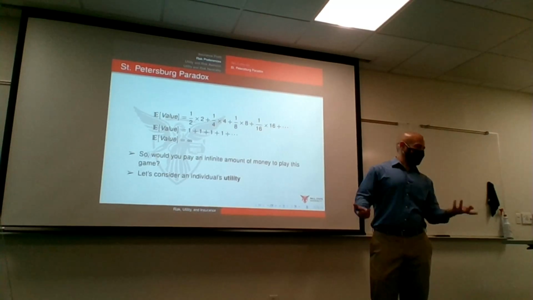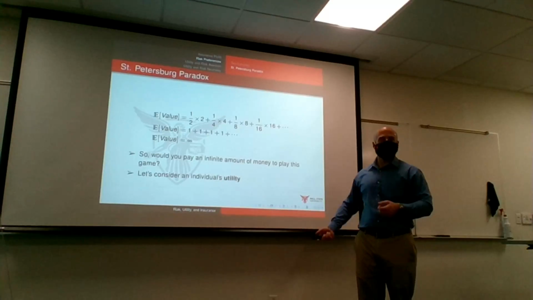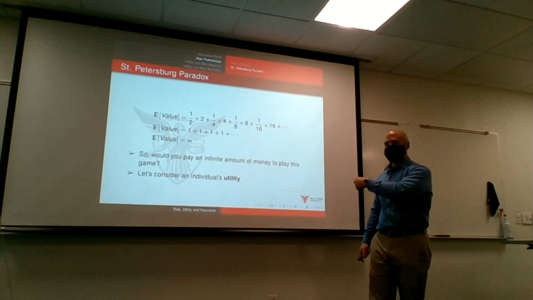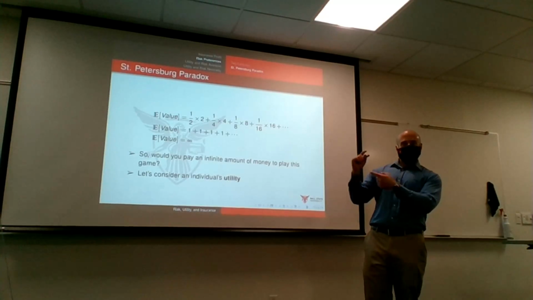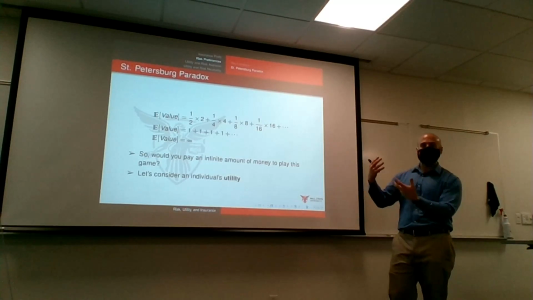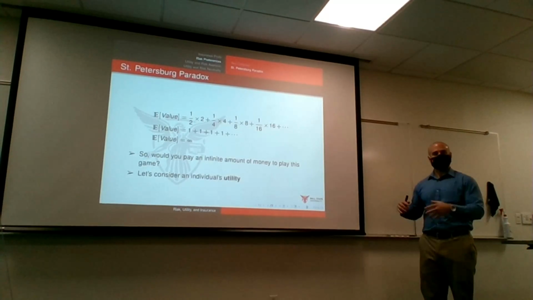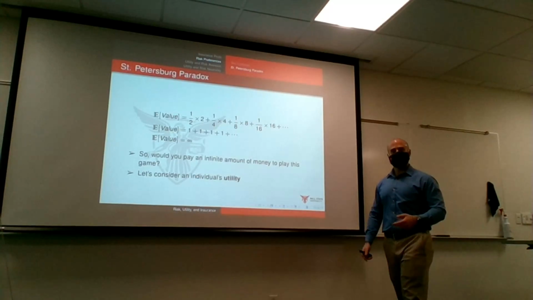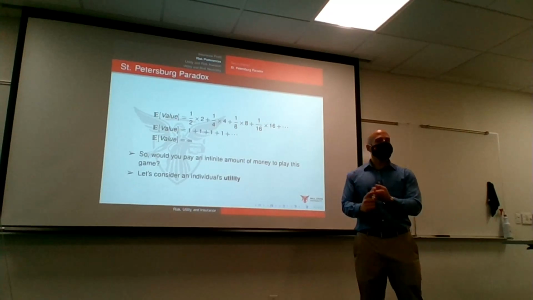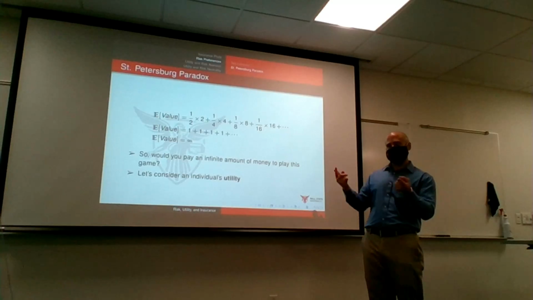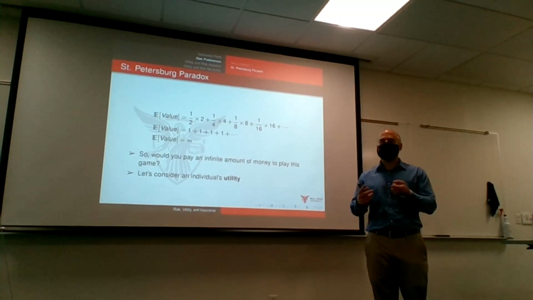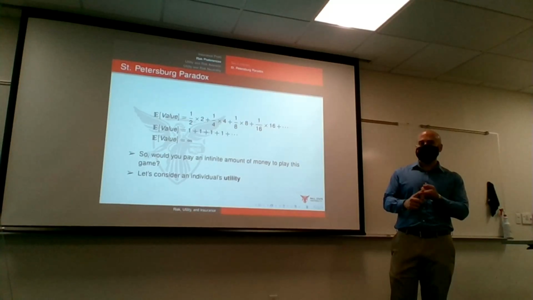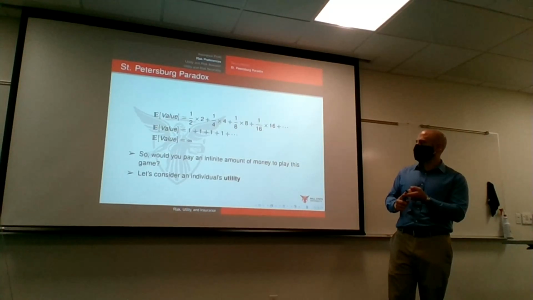Would anyone really bet all the money they could imagine to play this game? Probably not. So we've got three behavioral aspects here that the numbers don't help us with right now. The first one, people buy insurance products, and that's where we're going to kind of live. They'll pay more than what they expect to lose. That doesn't make sense.